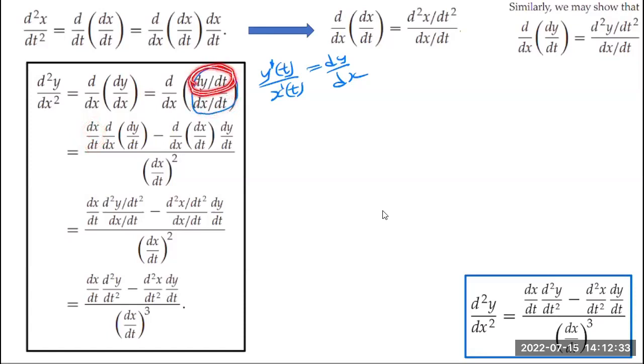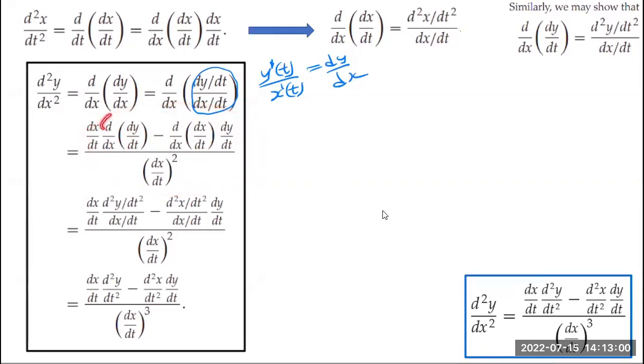The derivative of that function is exactly d over dx of dy over dt. And then minus, leave the top guy fixed, that is dy over dt, and take the derivative of the bottom guy, that is d over dx of dx over dt. Remember you are taking the derivative with respect to x. So this is the formula right now we have.